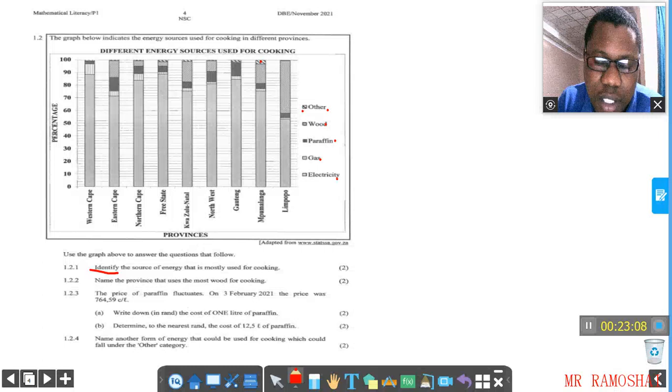If you look at Mpumalanga, this is other, right? The source that is mostly used for cooking, you can check, is this source in all provinces. So we check our key here and find that this is electricity. So our answer here is electricity.